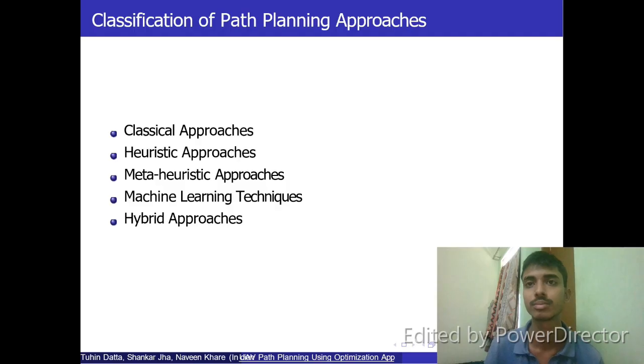The authors propose a comprehensive classification system that divides UAV path planning techniques into five distinct categories: classical approaches, heuristic approaches, meta-heuristic approaches, machine learning techniques, and hybrid approaches. Each category has unique characteristics and applications that make them suitable for different scenarios. I will begin by examining the classical and heuristic approaches in detail.